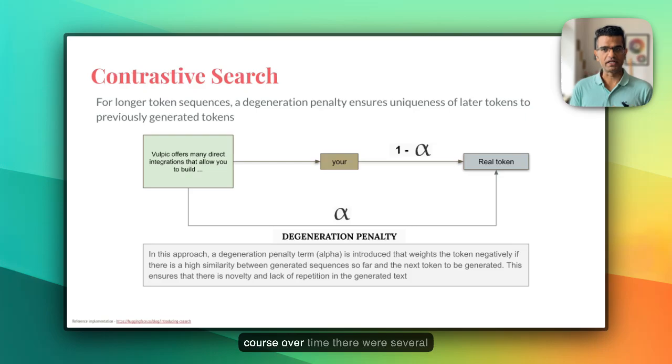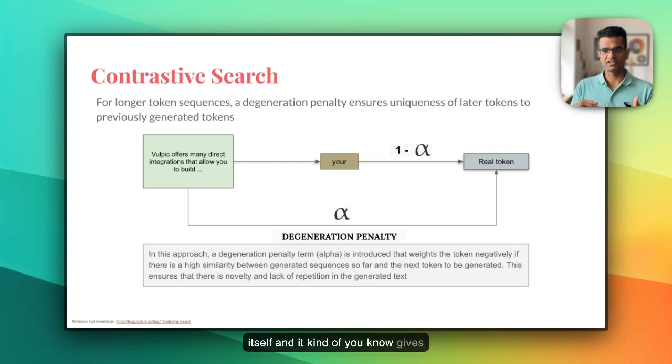Of course, over time, several different kinds of token traversal and token selection methods came in. Another example of this is called contrastive search, which is very important for longer token sequences. When you go through the accompanying notebook, you will see that a model like GPT-2, if you ask it to generate a slightly longer text, starts repeating itself.